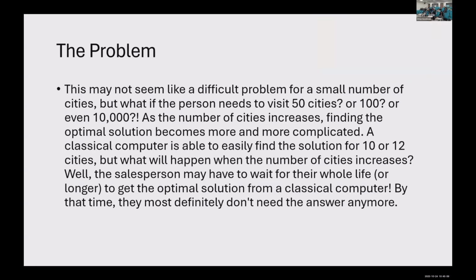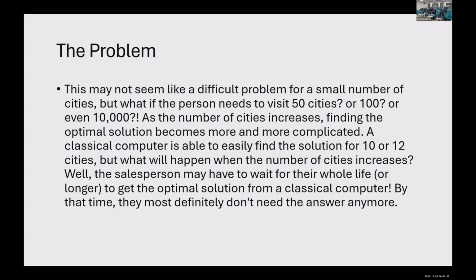But this may not seem like a difficult problem for a small number of cities, but what if the person needs to visit 50 cities, or 100, or even 10,000? As the number of cities increases, finding the optimal solution becomes more and more complicated, right?